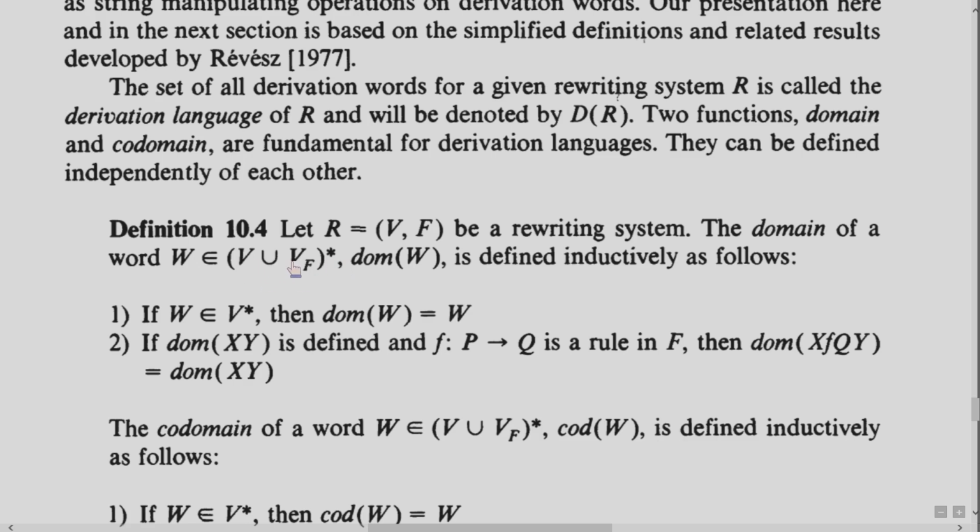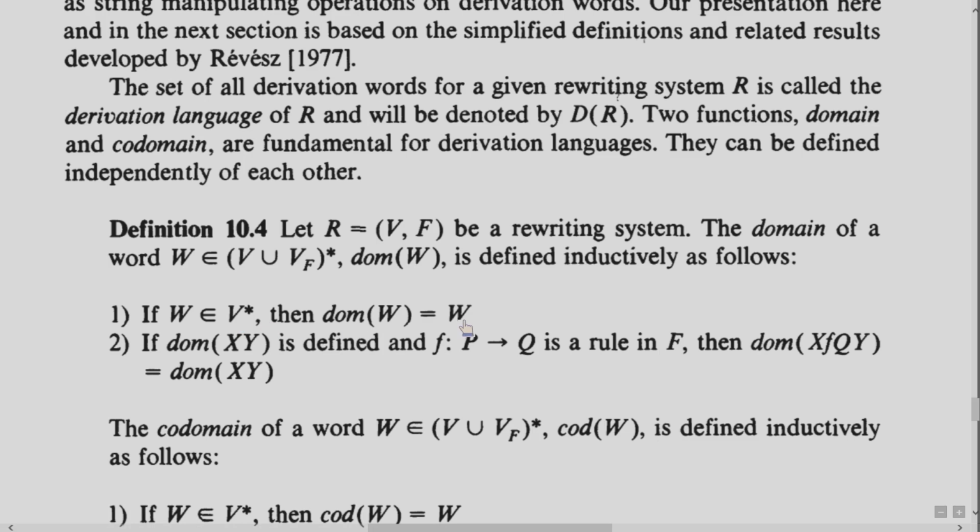So this word can contain variable, terminal and some production name. So star means a combination of these three elements. So for any word W, the domain of W is written as DOM W, and it is defined inductively as follows.